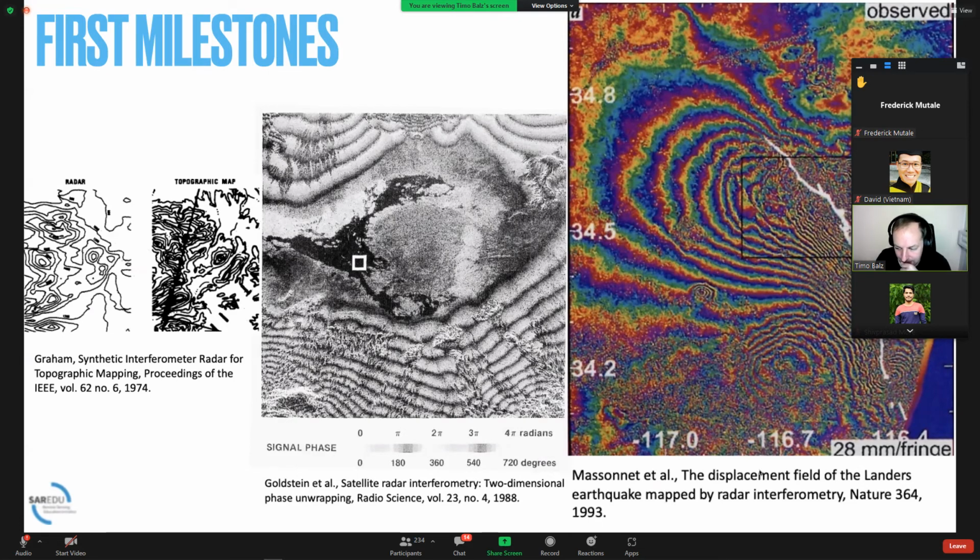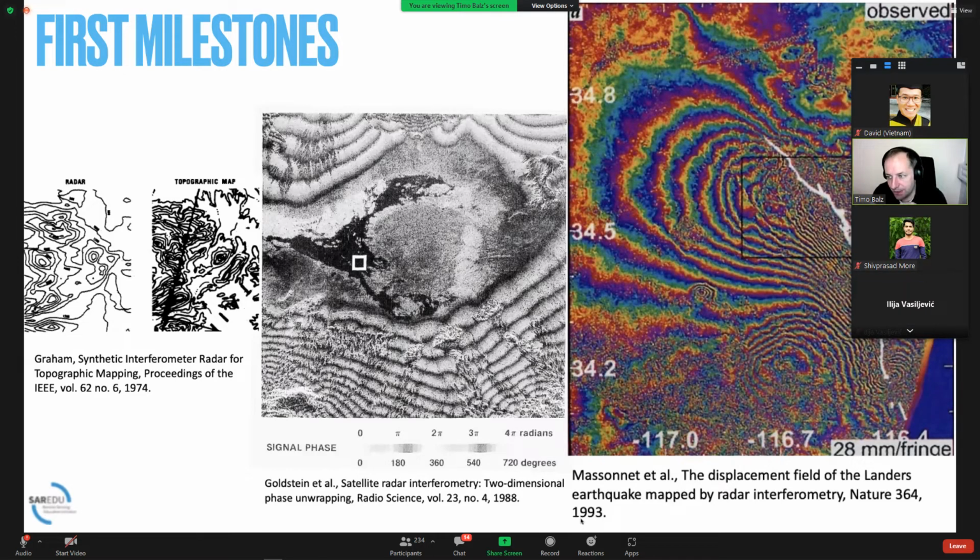And then a famous paper from Massonnet et al. in 93, looking at how the Landers earthquake looks in radar interferometry. So that was the first clear proof of motion detection with radar interferometry, because what we see here is the motion from an earthquake. So these are the milestone papers that showed the possibility of using SAR for DEM generation and then for motion.